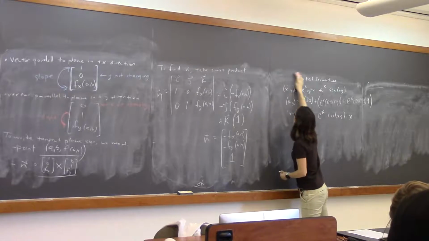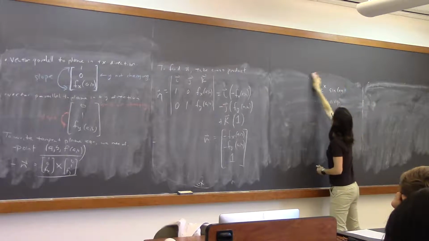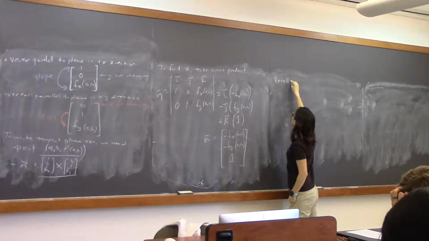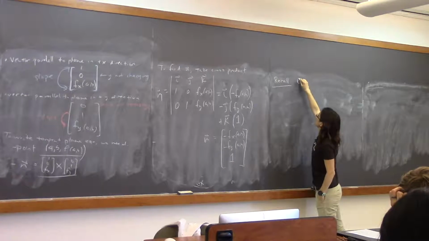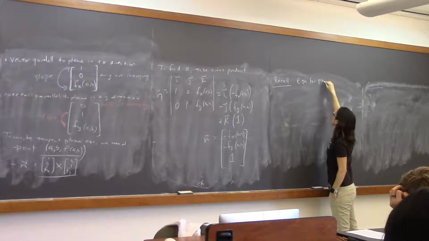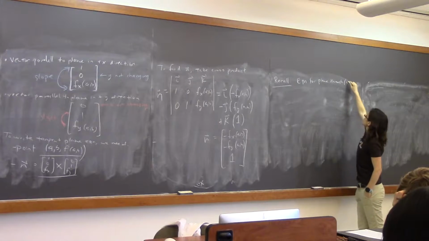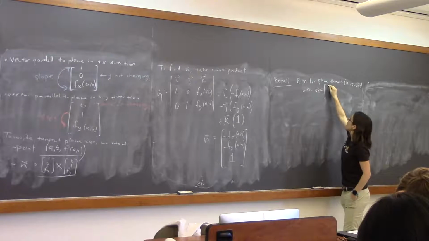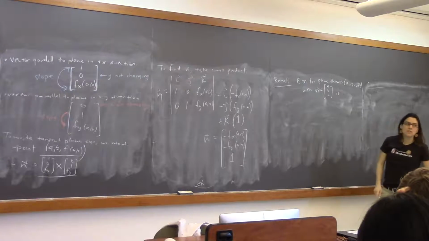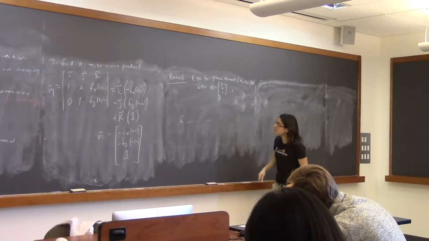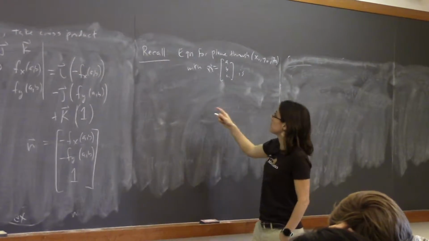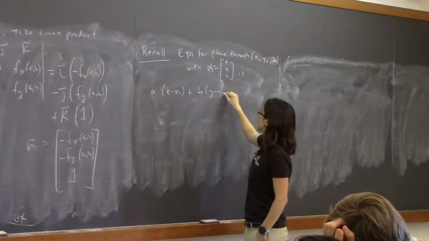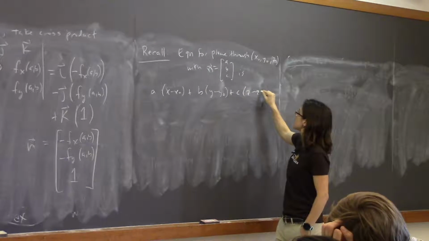Okay, well that's the first step. Let's write an equation for the plane. So recall that the equation for the plane through the point x naught, y naught, z naught with normal vector a, b, c is, there are several different forms to write it in, but the dot product form, which might be the easiest to remember, is a times x minus x naught plus b times y minus y naught plus c times z minus z naught equals 0.